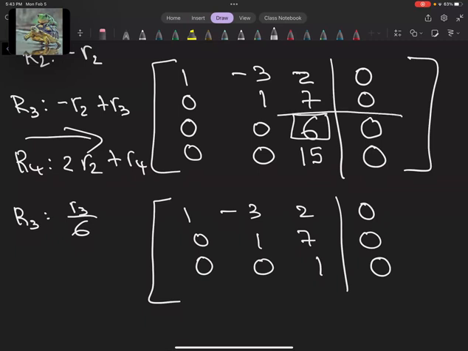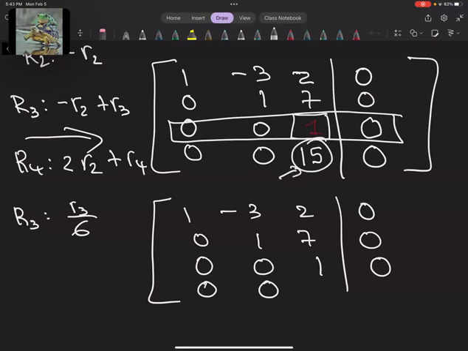Well, let me make it 1 here then. So I do 0, 0. So how do I make this one a 0? Divide by 15. Oh, sorry.